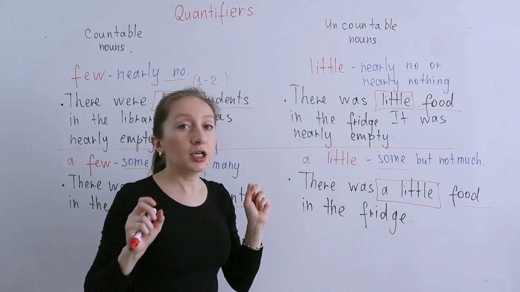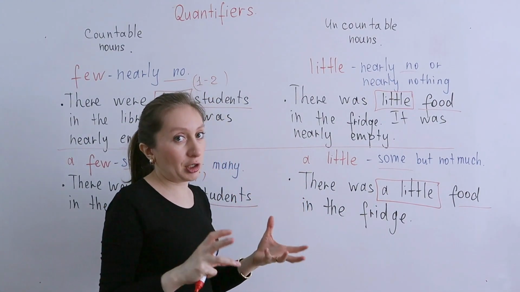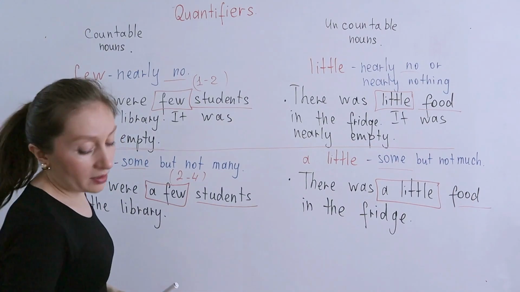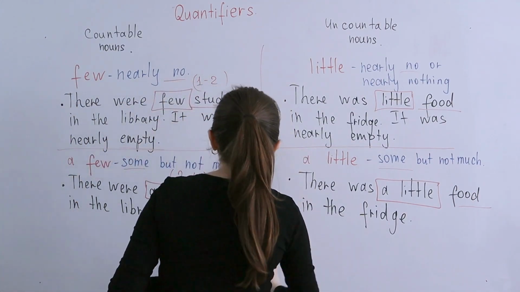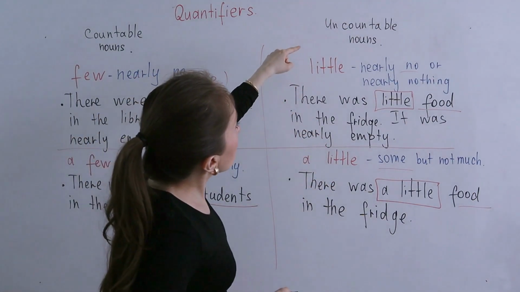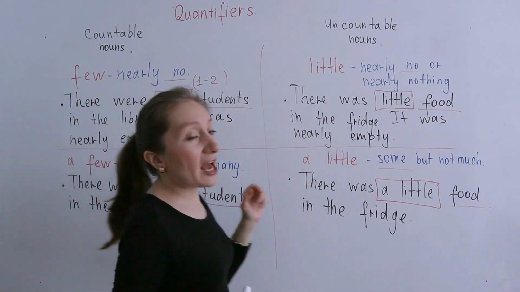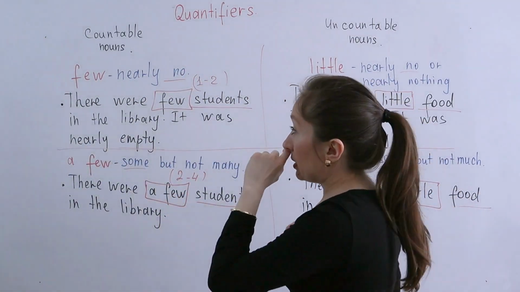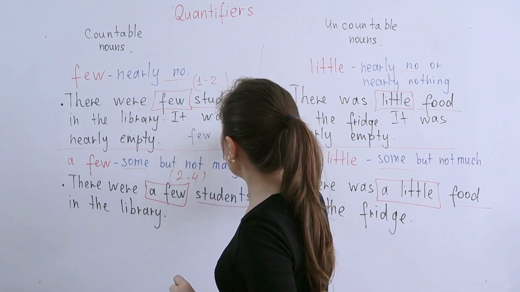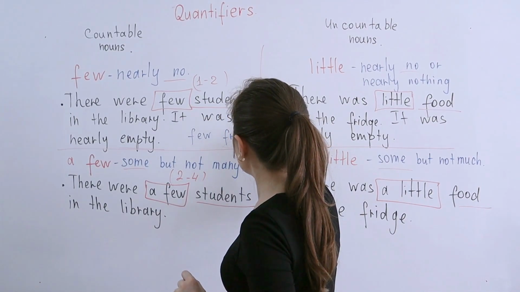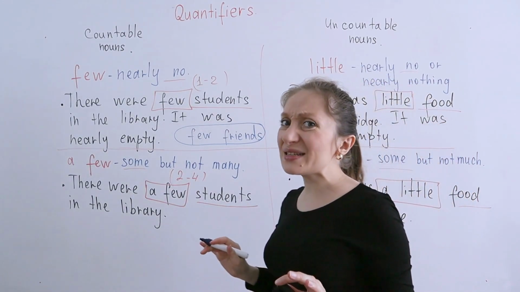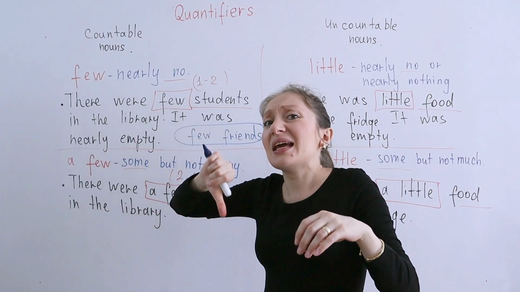In your worksheets, you will see the translation of these combinations. So don't worry. Plus, I want to tell you something: little, a little, few, a few, they have different ideas. For example, I have few friends. When you say I have few friends, you are kind of unhappy. It has a negative idea, okay?